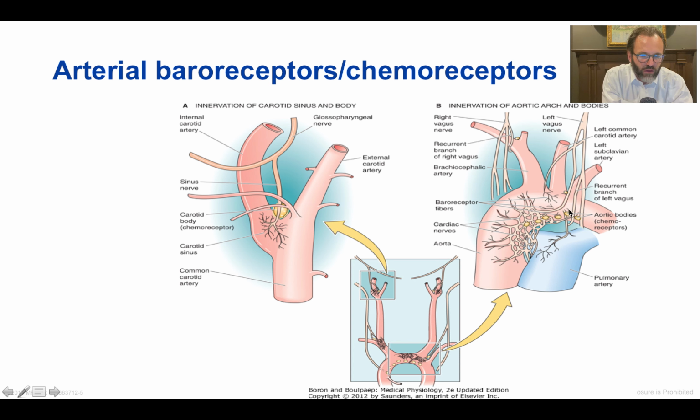But again, really focused on the aortic arch and outflow from the left ventricle. And these baroreceptor fibers are very densely innervated in this region, which of course is optimized for sensation of reductions in distension of the aorta and subsequent modulation of sympathetic and parasympathetic outflow.